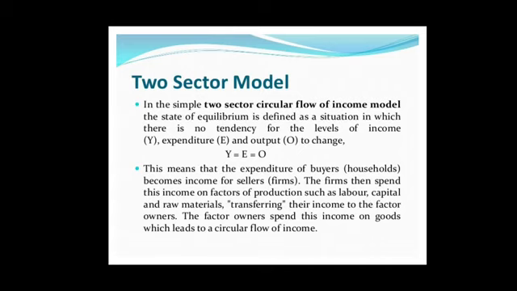The factor owners then spend this income on goods and services produced by the producing sector, which leads to a circular flow of income in an economy.